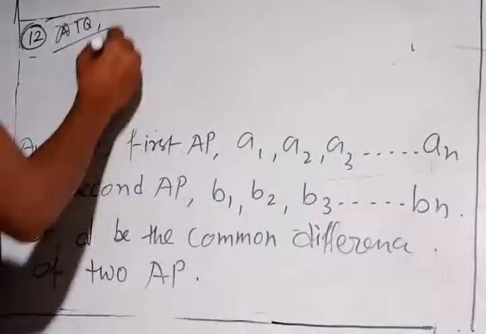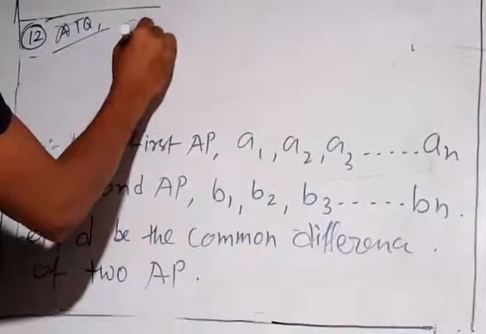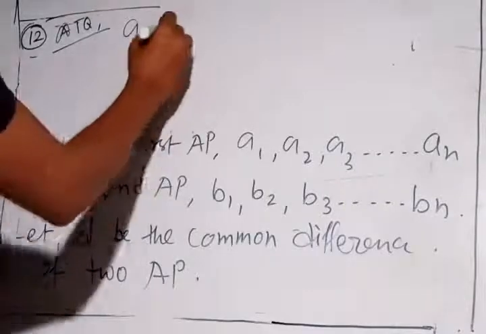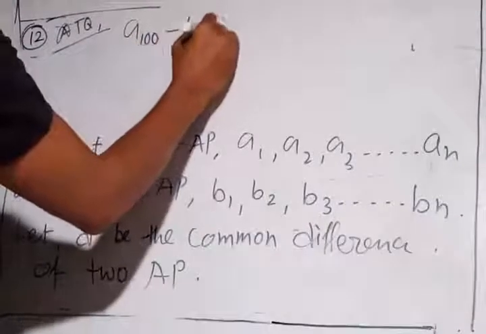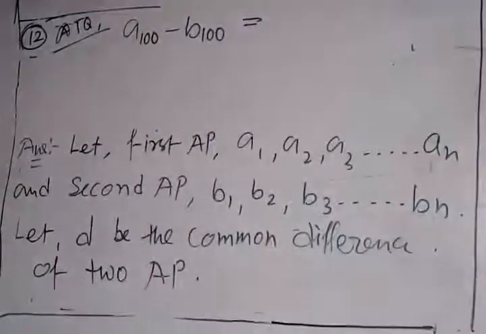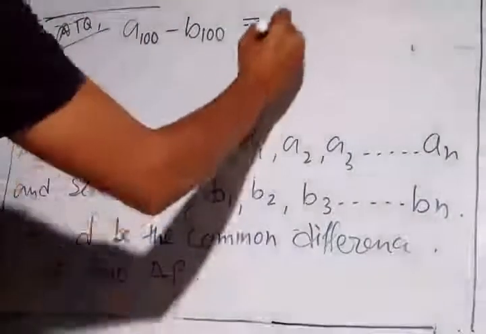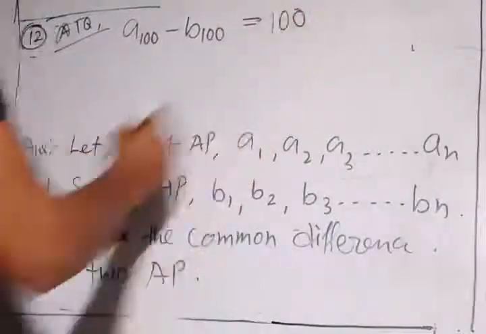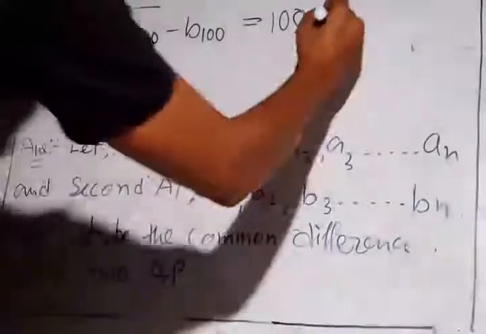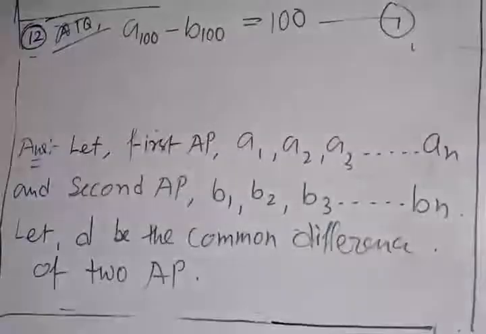That means one is A100, because A1, A2, A3 go on up to AN, and the next one is B100. Their difference is 100. You can take this as equation number 1.